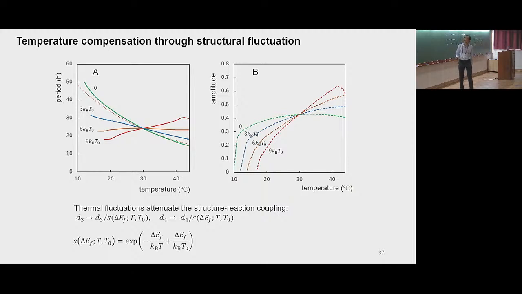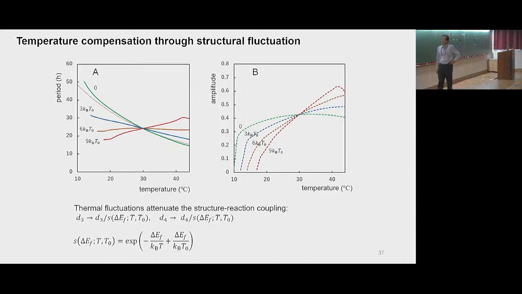And this is the plot for changing the delta EF, the activation energy for the structure fluctuation, from 0 to 3 kBT. So this clearly shows the period and this is the amplitude. Amplitude disappears like this in a steep curvature. This looks like the oscillations seem to be a Hopf bifurcation as a parameter of temperature.